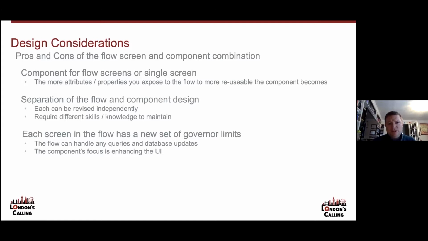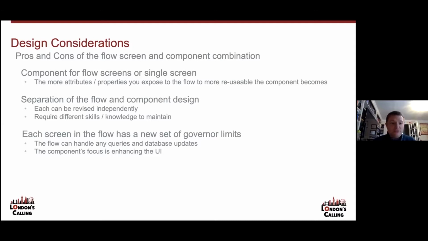Obviously, the more properties or attributes you expose to your flow, potentially the more reusable that component becomes. But likewise, as we've already said, changing that component then may mean that you have to update a lot more of those flow screens.